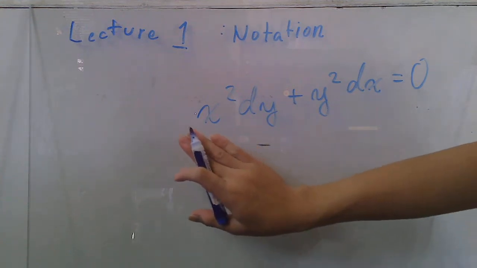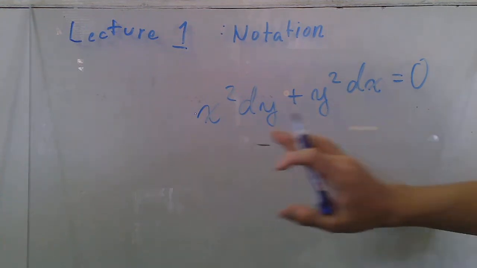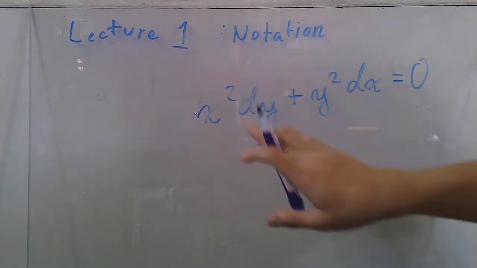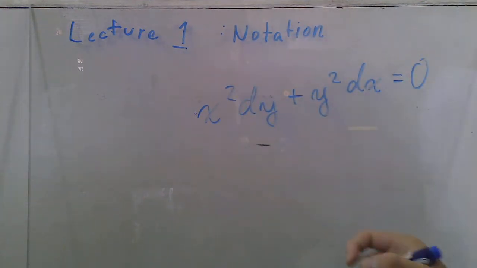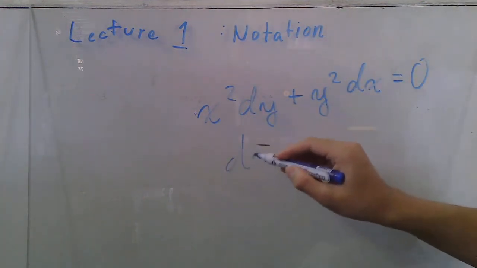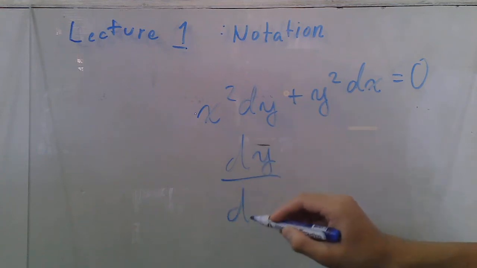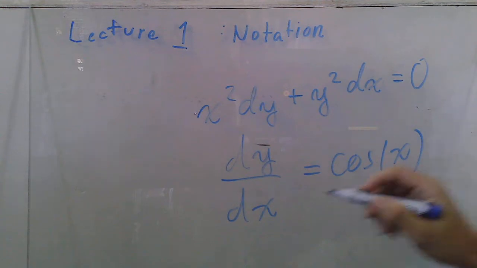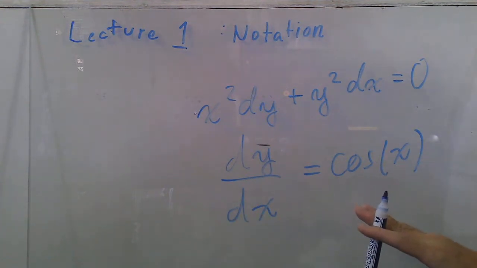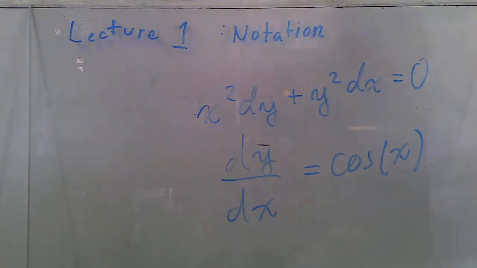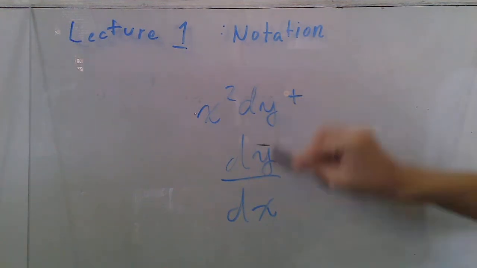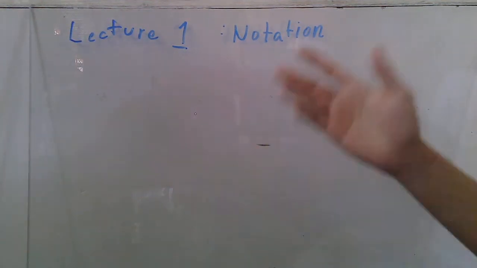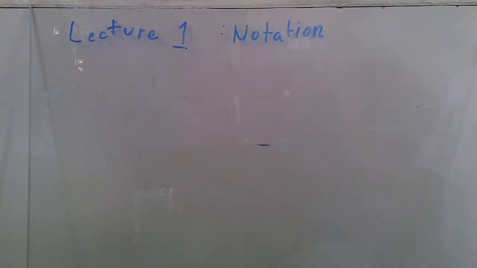We're finding a function that satisfies this equation whose differential is x squared dy plus y squared dx. Or a simpler one, dy over dx is equal to cosine x. This is also a differential equation. And to solve differential equations, there are many methods. In this course, we're seeking to integrate them.